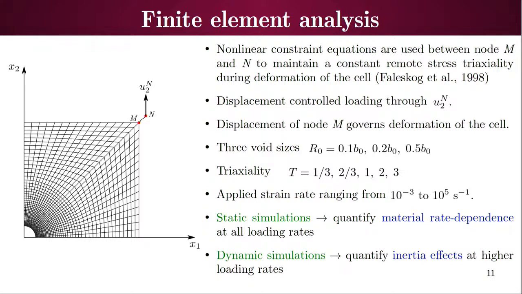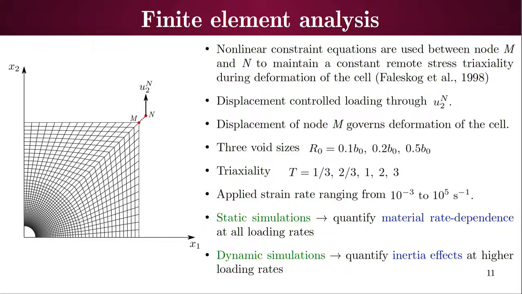These constraints basically convert this uniaxial loading into a biaxial loading, or some loading which can maintain the constant stress ratio on this cell, which in turn maintains a constant triaxiality. So this cell will be subjected to a loading which maintains the constant triaxiality throughout the loading.